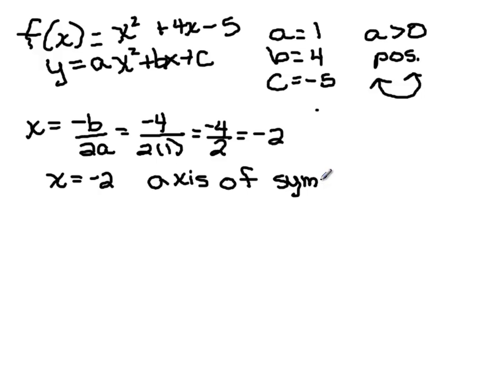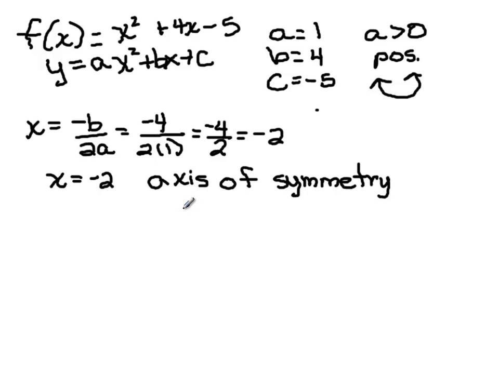It's the line in which I could fold up the parabola and it would be the same and make a fold and match on either side. And I'll come back to this and explain this more as I get to the graph. I'm going to find some additional information before I pull into the graph. But this is the axis of symmetry, just the x part.